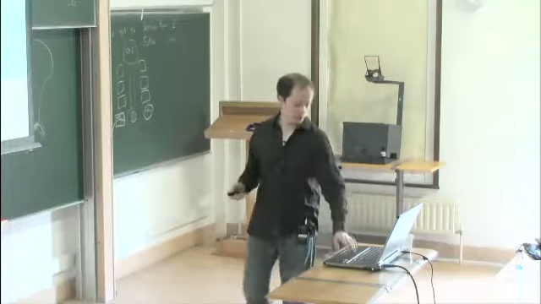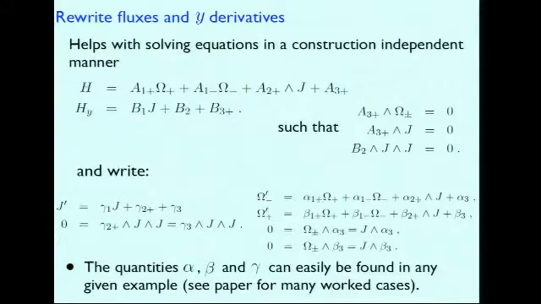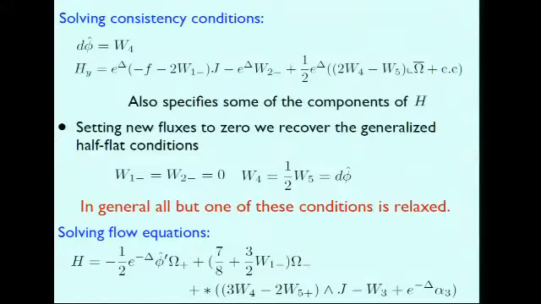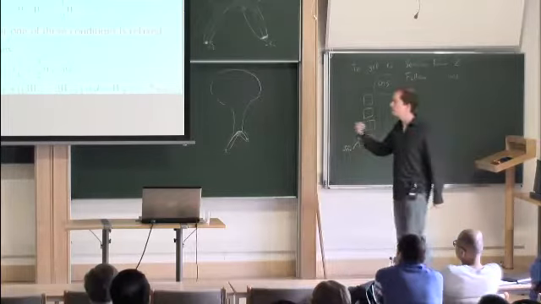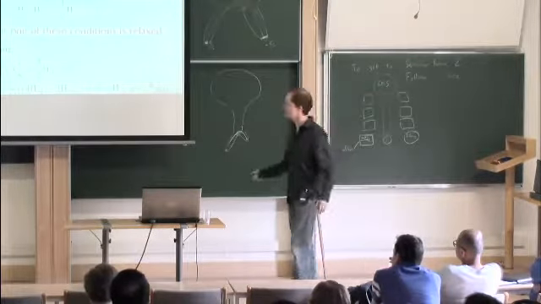That can be seen by doing this split up that we had here. Because they can't cancel each other, if this is 0, they all have to be 0 independently. So what do we get? We get W1 minus is 0, we get W2 minus is 0, and essentially we get W4 is half W5, and of course W4 is d phi. Okay, these are the restrictions on the torsion classes that we had before, as you would expect.